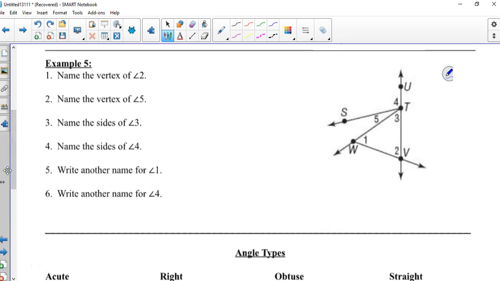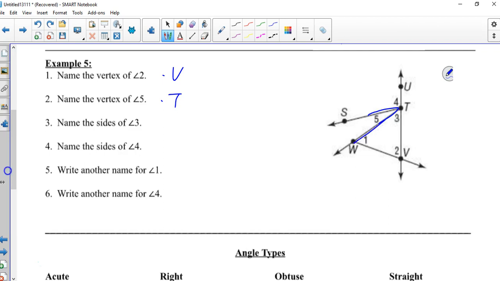5. Name the vertex of angle 2. That's V. Name the vertex of angle 5. Well, angle 5 is right here, so that would be T. Name the sides of angle 3.